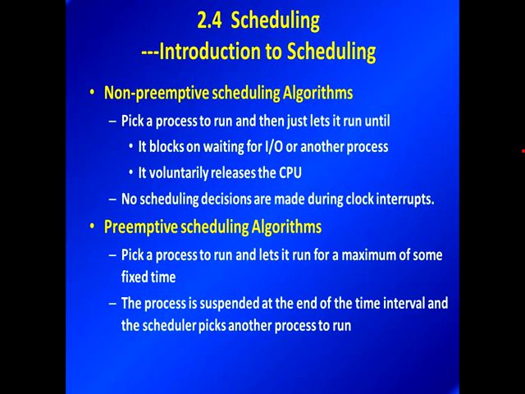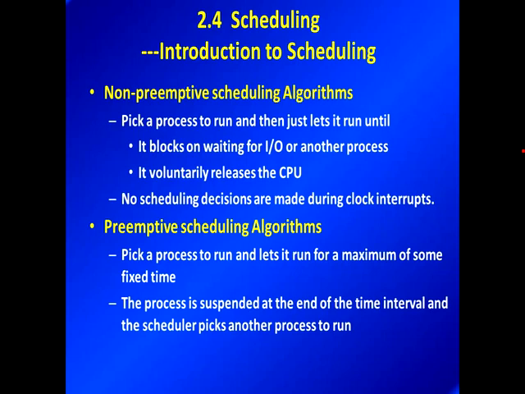For example, if it needs to wait for something to happen, it blocks itself, or if it finished all its job, it exits and releases the CPU too. So with the non-preemptive algorithms, the process in the CPU can run as long as it needs.